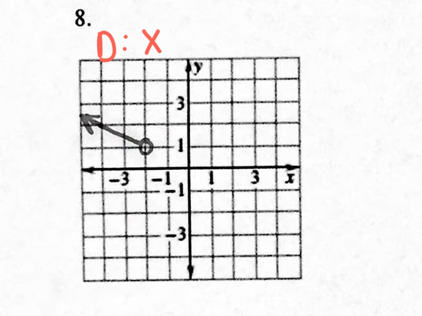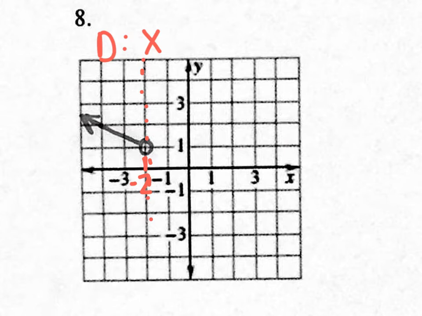So what do we know about this thing? This is the x value of negative 2 right here. So this line is on the left side or the right side of negative 2? It's on the left side. So this line is what? Less than negative 2.